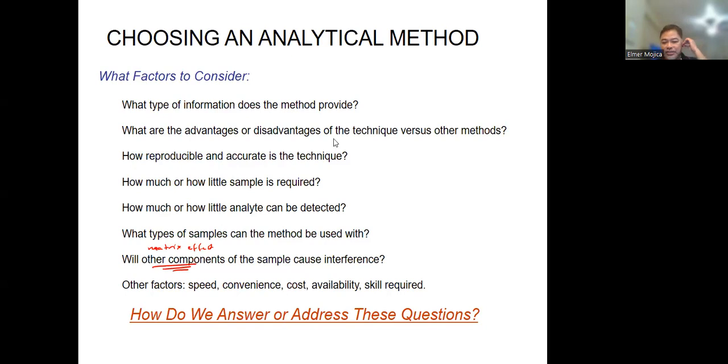Okay. Now, other things that you need to consider: how fast is the analysis? Okay. So here you're going to question yourself: are you going to use chromatography, which is usually longer compared to spectroscopy? Convenience. At least we have high-end instruments that you can automate, or their analyses are automated.